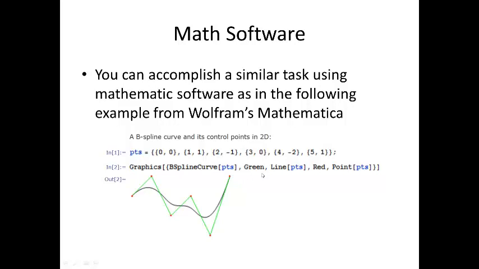Here we have this curve in dark blue, and the first degree spline function in green between those individual points, and the points are in red. This defines the output, and you can see that the B-spline gives a pretty aesthetically pleasing curve compared to the first degree spline function.